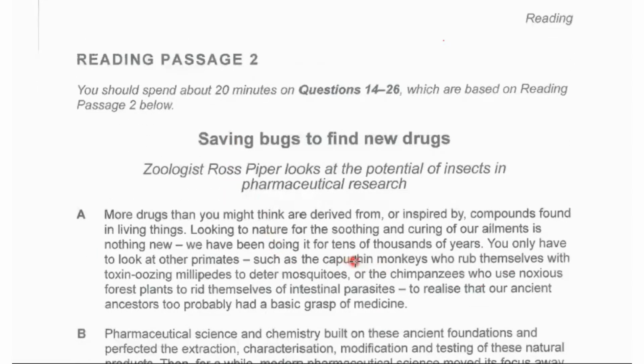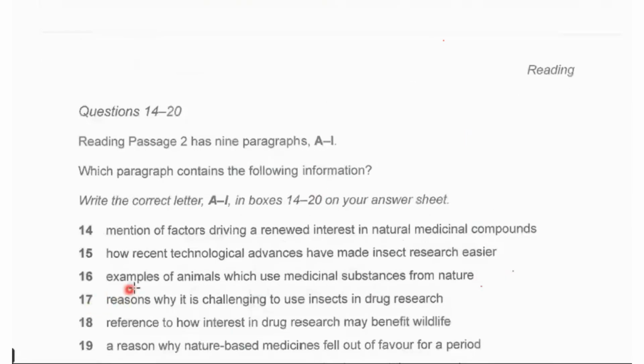Number 1, capuchin monkeys rub themselves with toxin oozing millipedes to deter mosquitoes. Number 2, chimpanzees use noxious forest plants to rid themselves of intestinal parasites. You already have 2 animals. So our answer to number 16 is A. I'll just write in my book 16, A. Hope you get the gist.